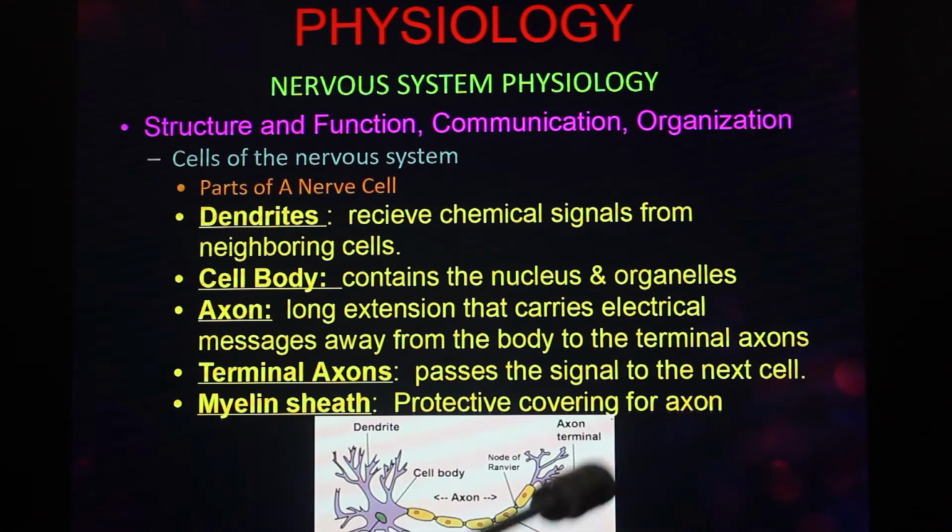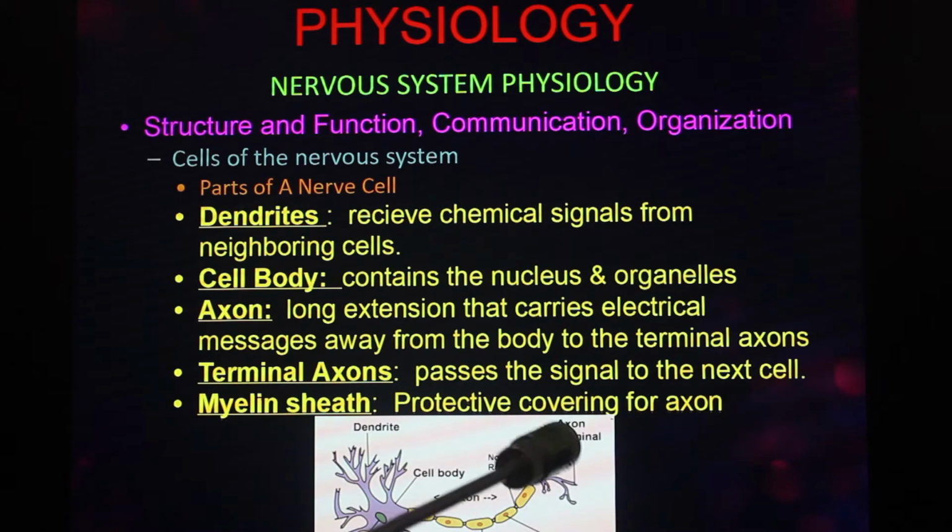We have an axon, a long extension that carries electrical messages away from the body. We have terminal axons, which pass on the signal coming from the neuron's axon, and we have a myelin sheath wrapping around the axon, which is a protective covering for an axon.